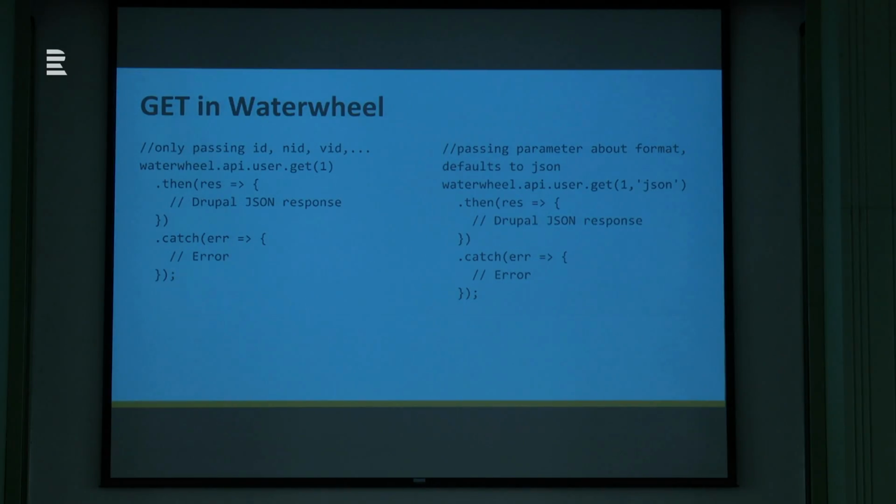And here you can do some code with that information. And there are two parameters. You can also pass what type of response you want. So for example, JSON, HAL JSON, or something else, XML, CSV, anything.